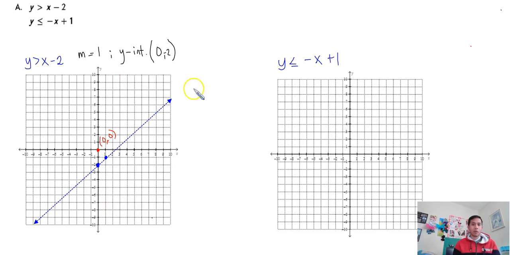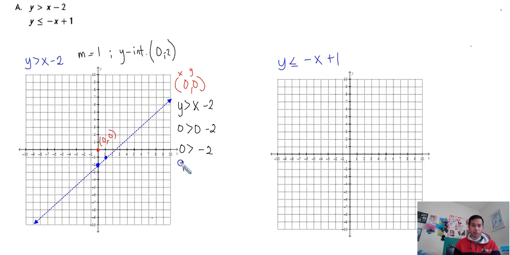So let's check. Using (0, 0) as the value of x and the value of y, let us check if this will give us a true statement. We have y > x - 2. So if y is 0, is that greater than 0 - 2? Is 0 greater than -2? Our answer here is true.